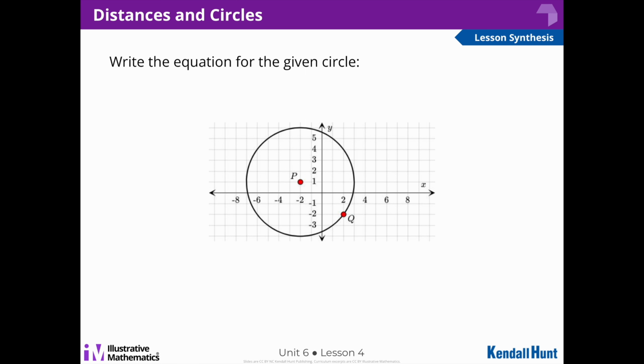So I'll start you off with some things to think about. You would want to find the center of that circle as an ordered pair, and you would need to find the radius of that circle. Those are two pieces of information that you would need in order to write this.